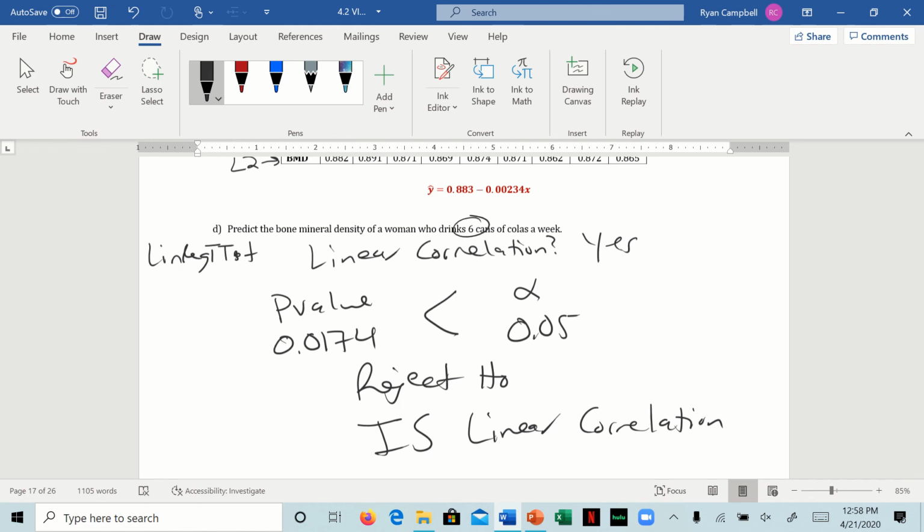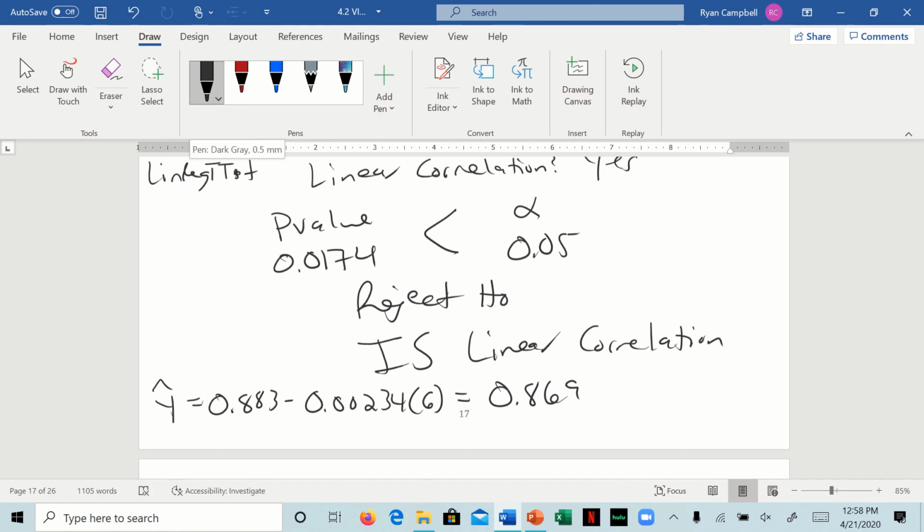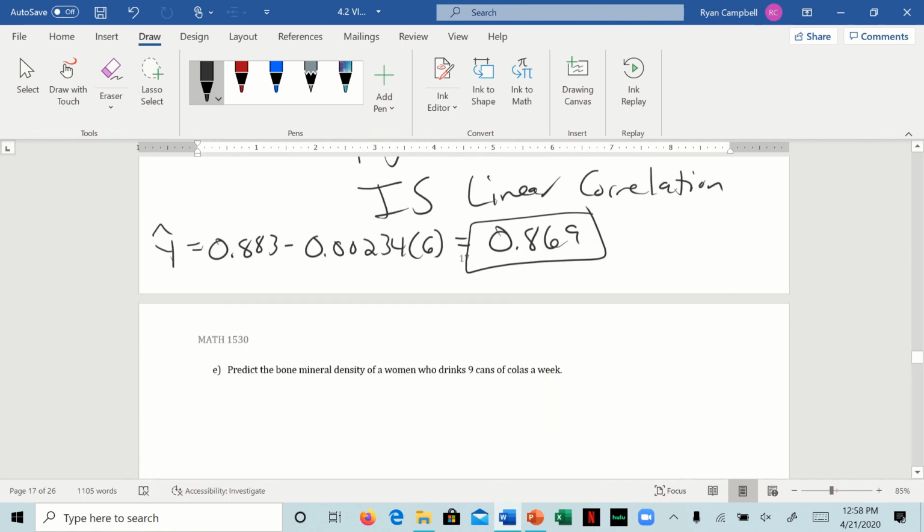So since there is, we just plug it in. So we say that y hat is 0.883 minus 0.00234 times 6, which is about 0.869. So that's the bone mineral density at 6 cans of cola per week.